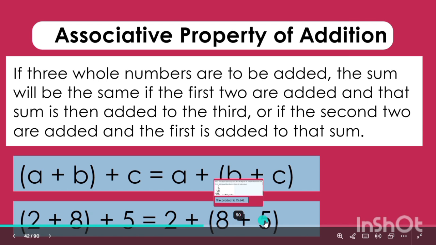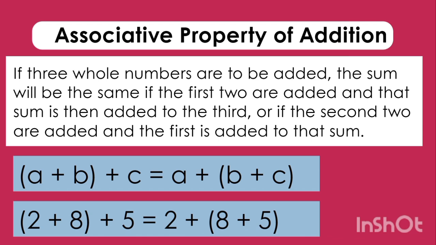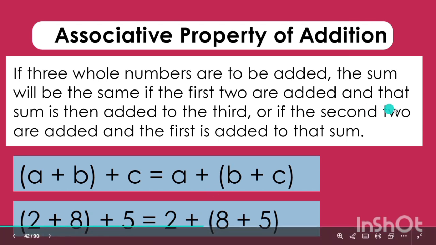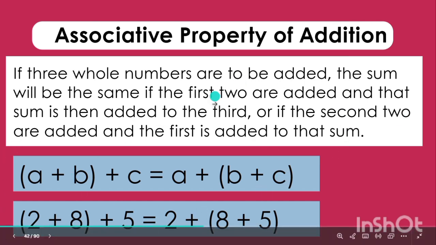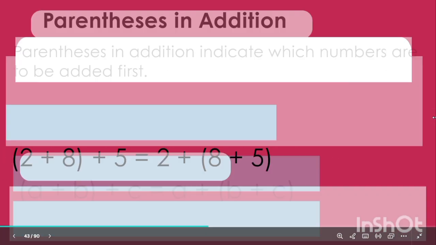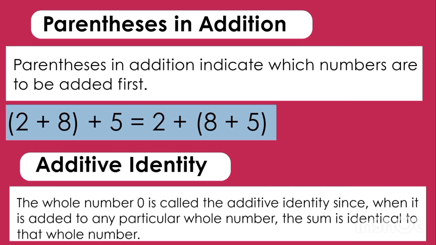How about 8 plus 5 first? We will have 13, plus 2 is equal to 15. Wherever the parentheses are, you will get the same number. But it doesn't work in division and subtraction.